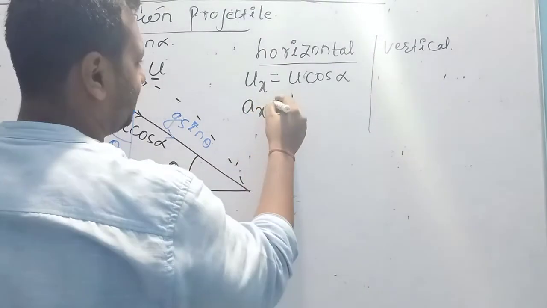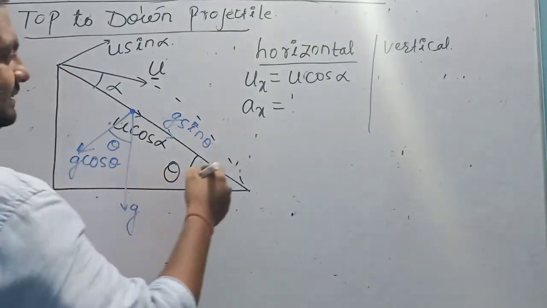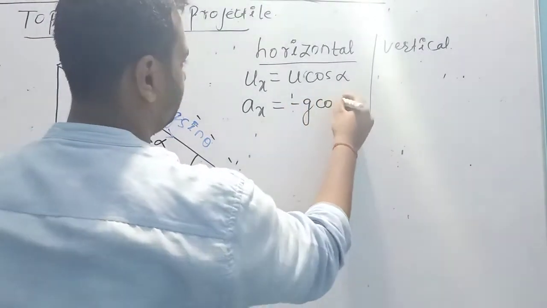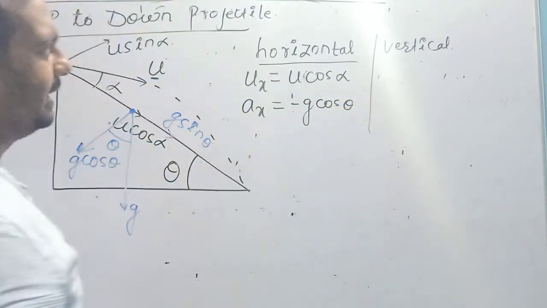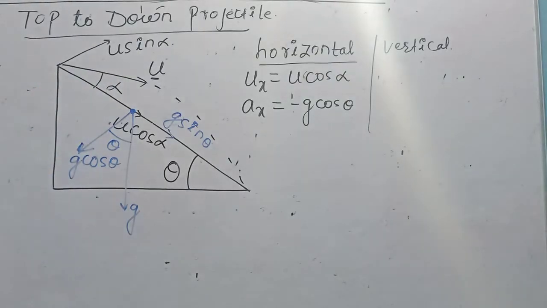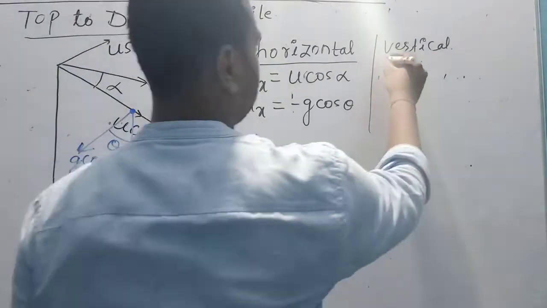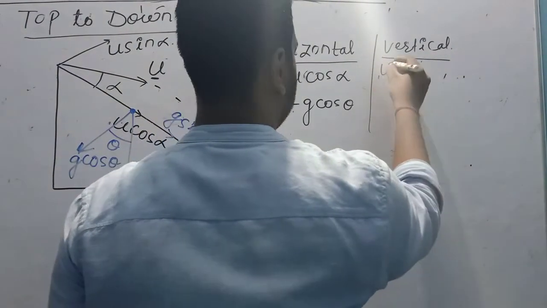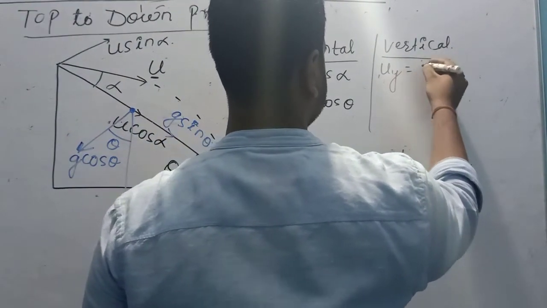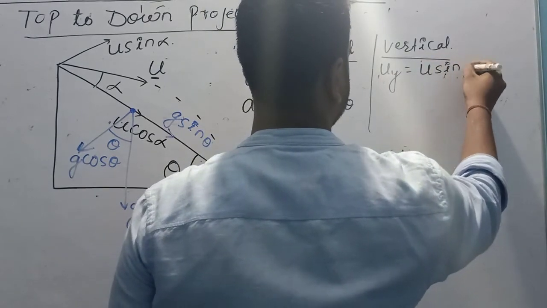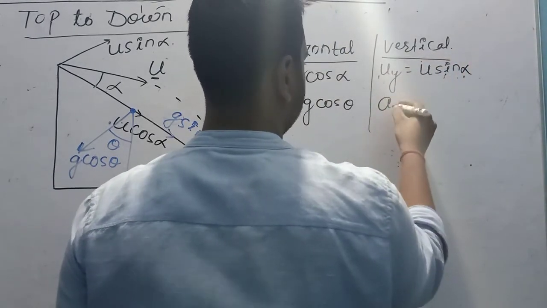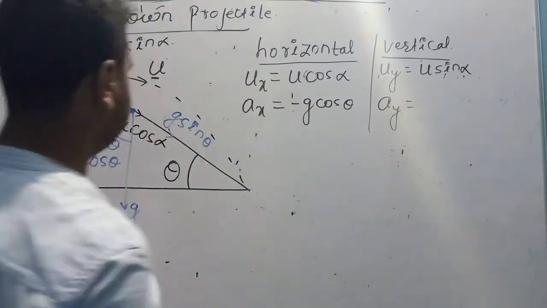X component of acceleration due to gravity is minus g cos theta. It is same as in down to top. For vertical component, y component of initial velocity is u sin alpha and y component of acceleration due to gravity.